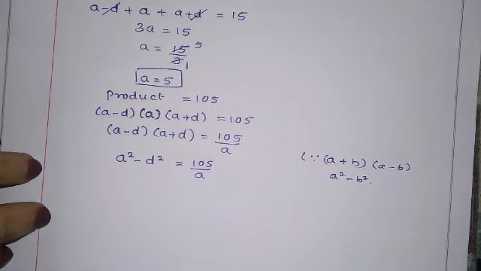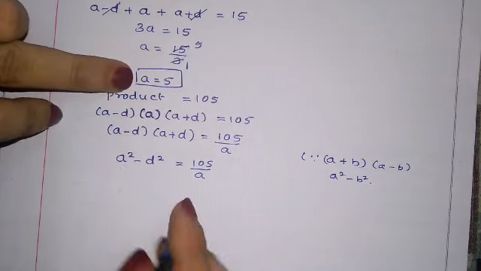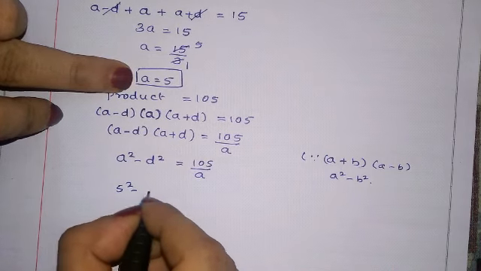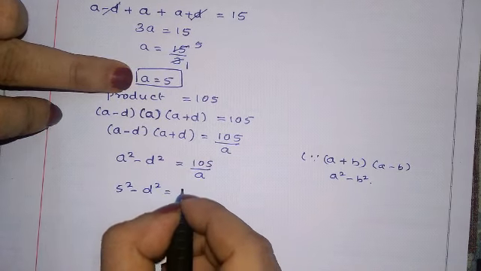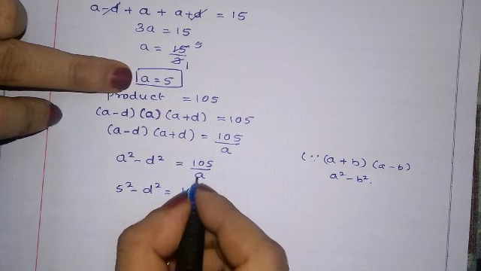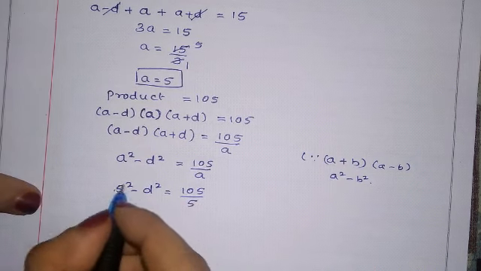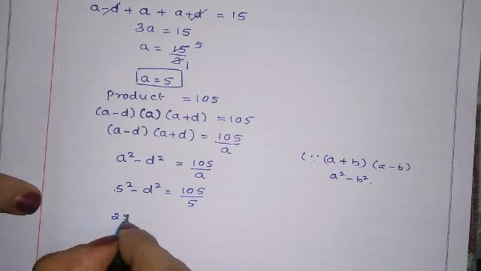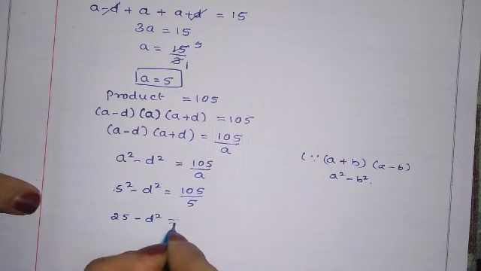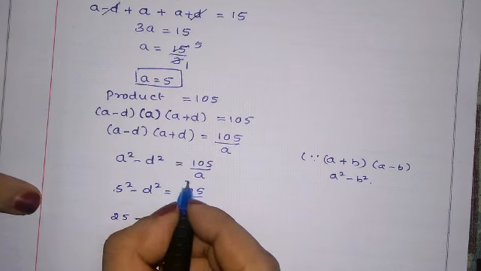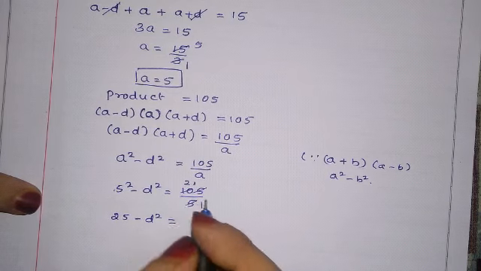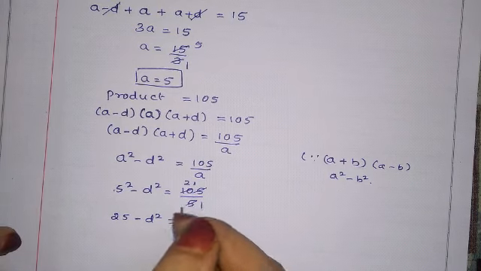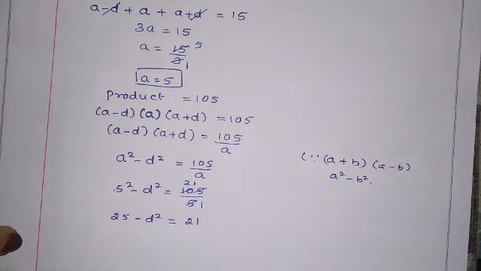Let us substitute the values now. a is 5. 5 square minus d square is equal to 105 by 5. 5 square is 25 minus d square is equal to 5 ones are 5, 5 twos are 10, 5 ones are 5. What value did we get? 21. Okay.